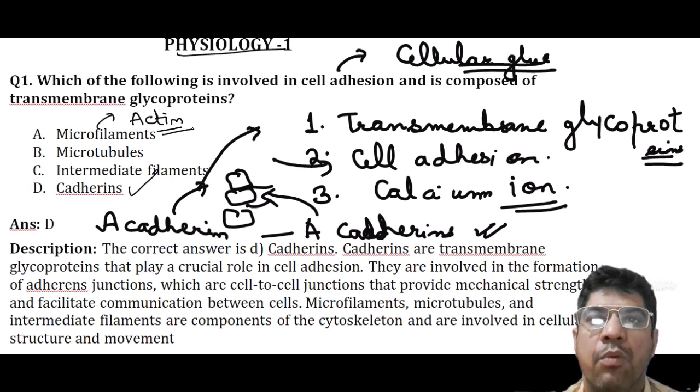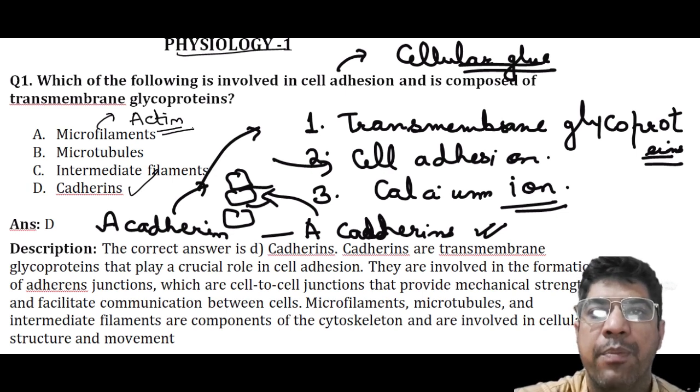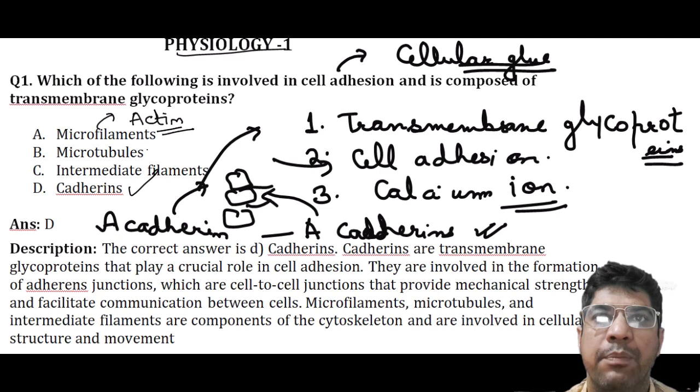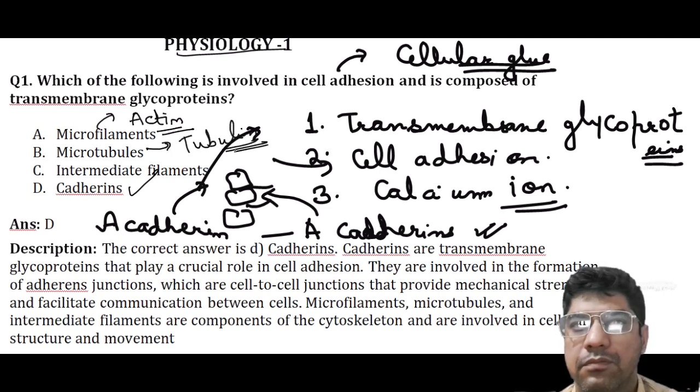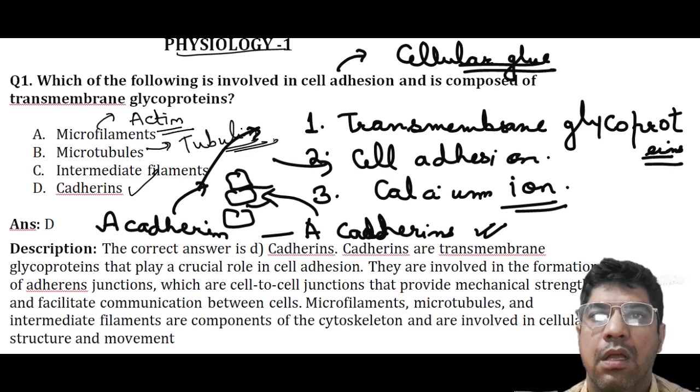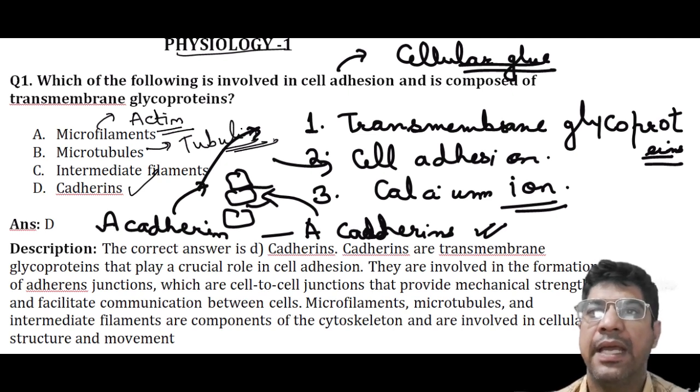Microtubules are another component of the cytoskeleton. They are made up of tubulin protein. These microtubules serve as tracks for the motor proteins like kinesin and dynein that transport the cellular material.